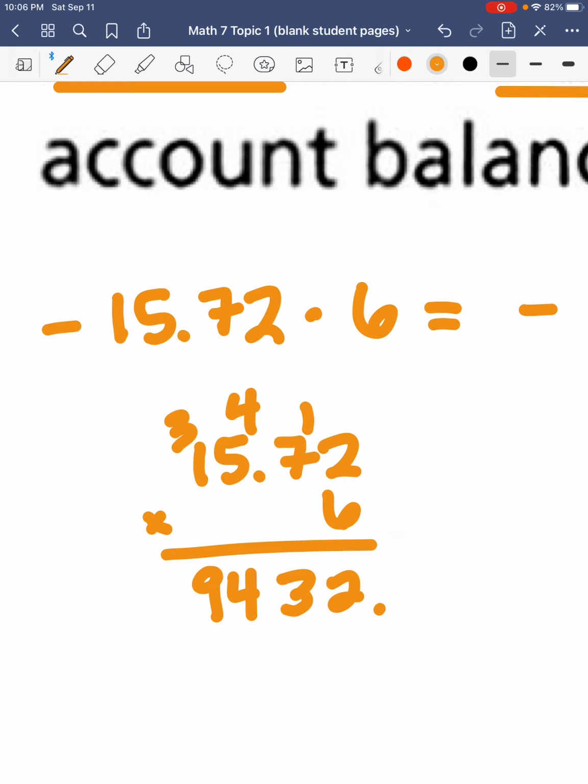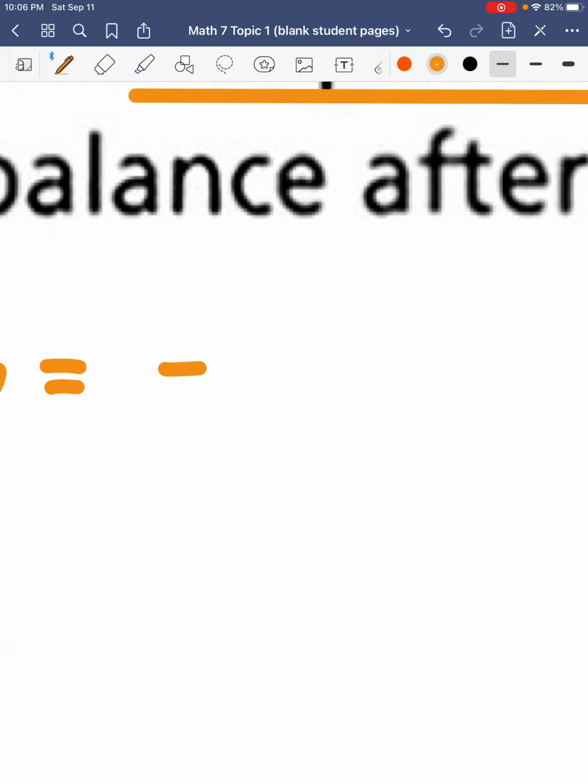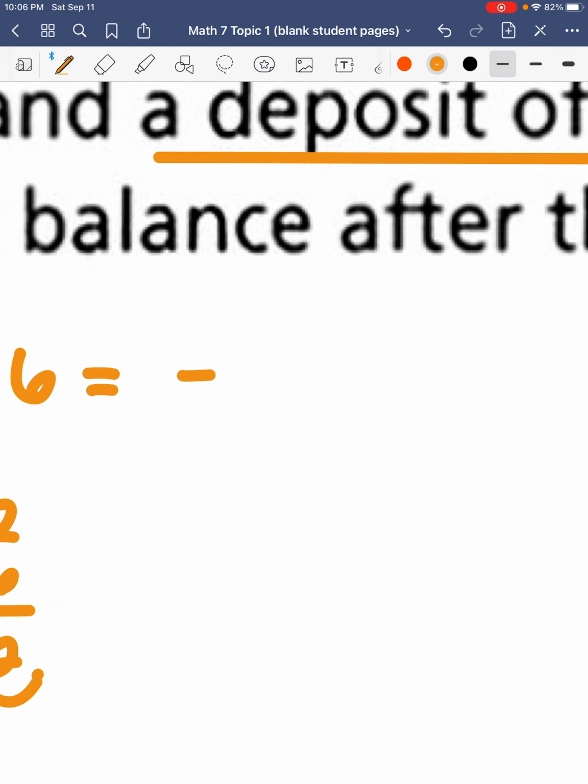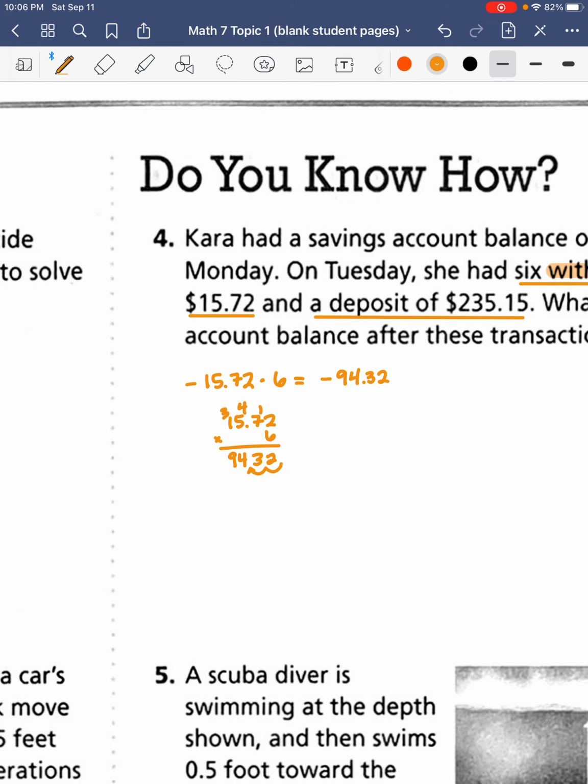Now, where do we put our decimal? I've got 2 decimal places in my problem, so I move it 2 places over. So it goes right there. So negative 15.72 times 6 is negative 94.32. That's how much money she took out.